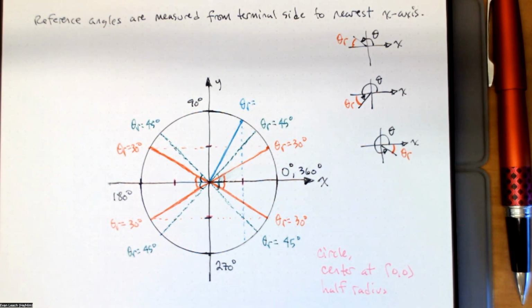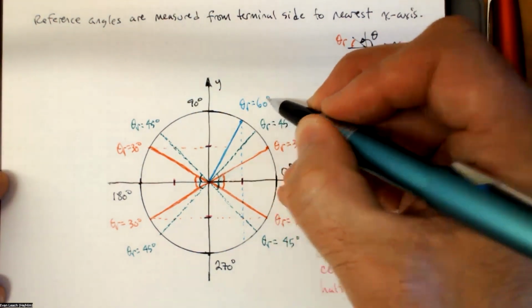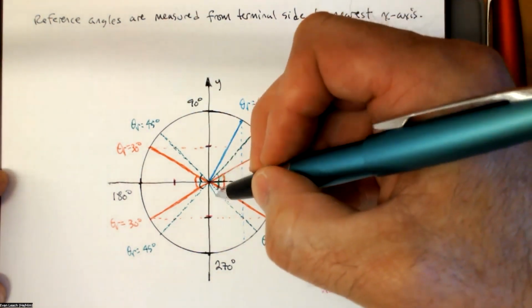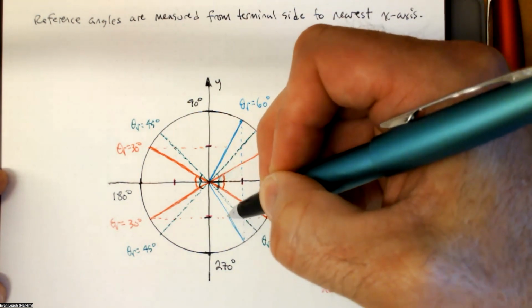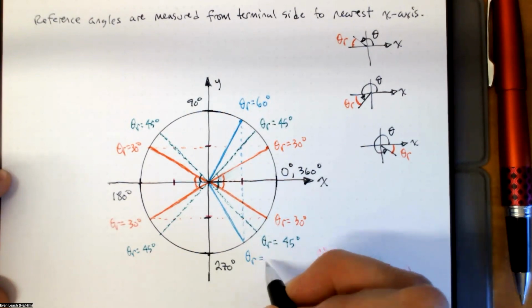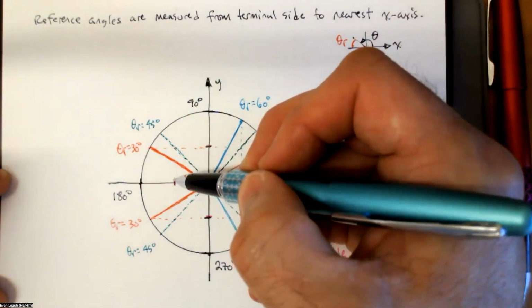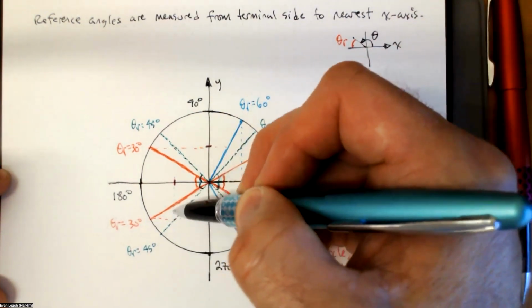Everybody know? I might have said it earlier, but I don't remember. 60. This one is 60 degrees. And then do the same thing over here in quadrants 2 and 3.